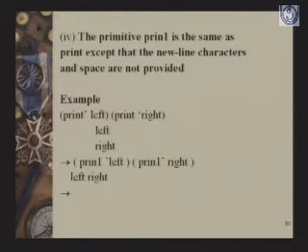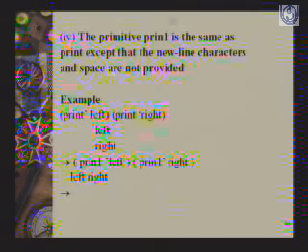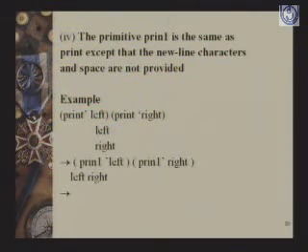First of all, we are using the print command twice in a queue: print left, print quoted right. When this sequence of statements is executed, first the left is printed, then the right is printed, but on the next line.